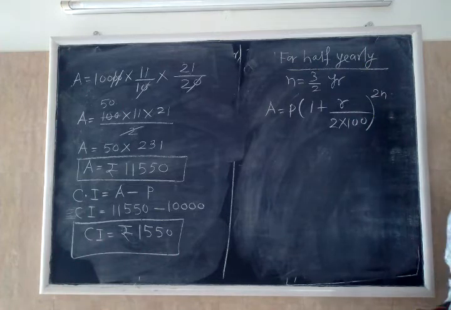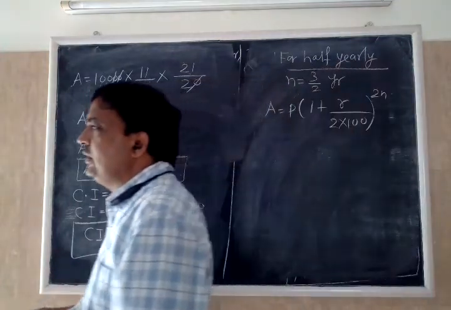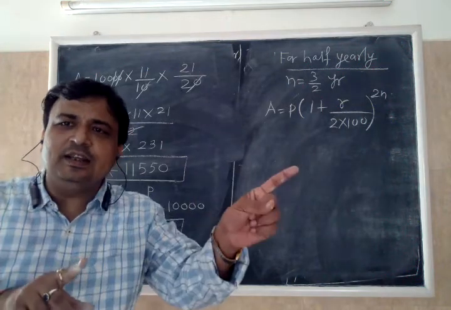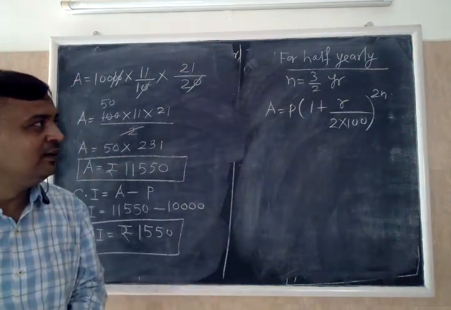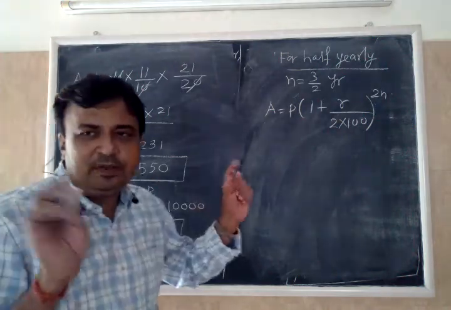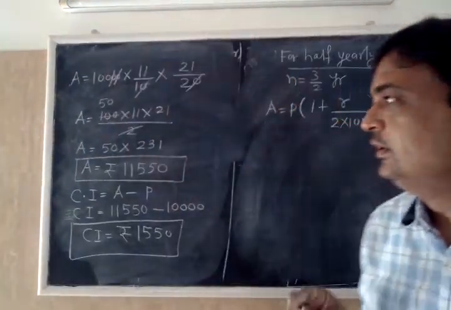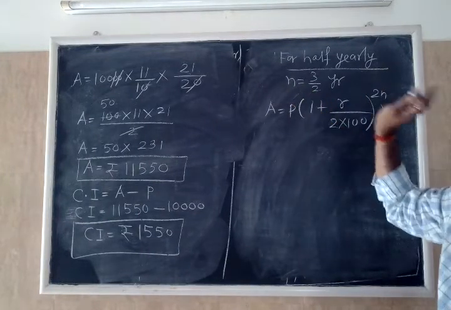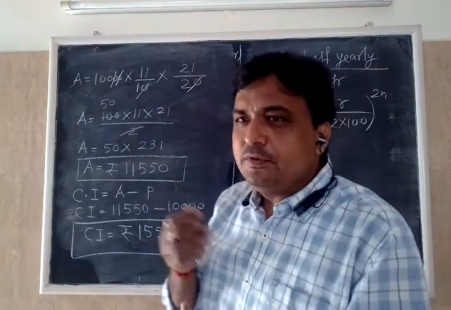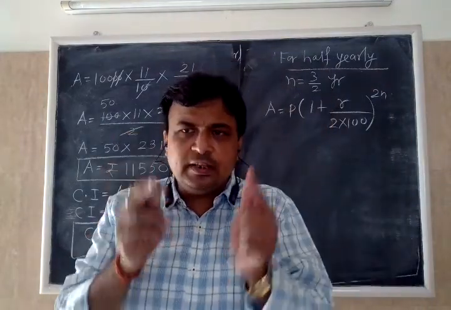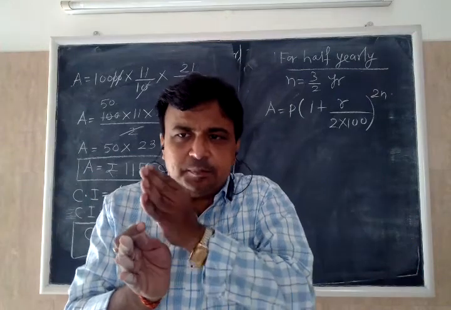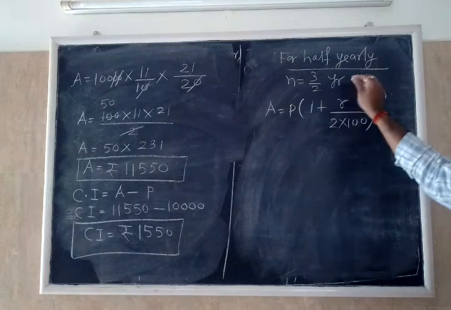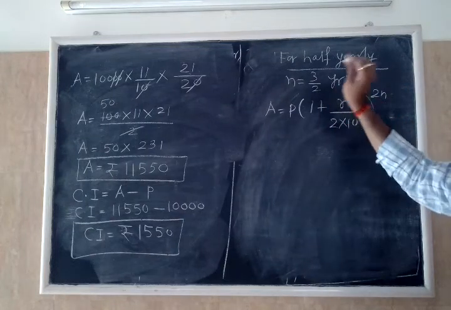For yearly, there are two formulas: completely yearly, or yearly but mixed. See where confusion comes. Whenever it is yearly, you have to identify whether it is completely yearly or yearly but mixed. But for half yearly, directly you can take n is equal to 3 by 2.